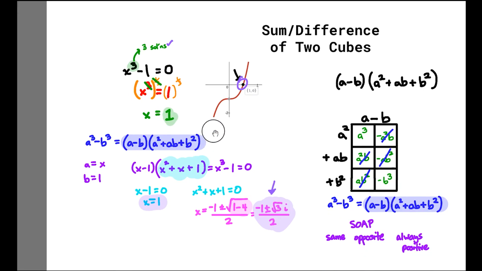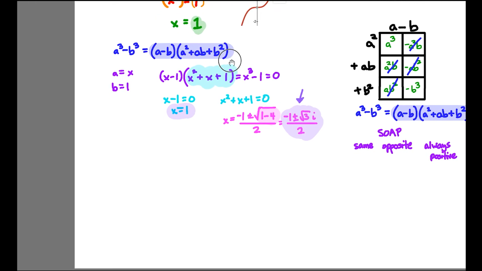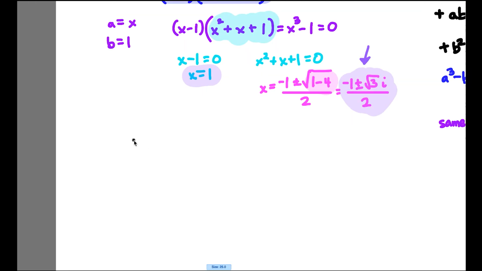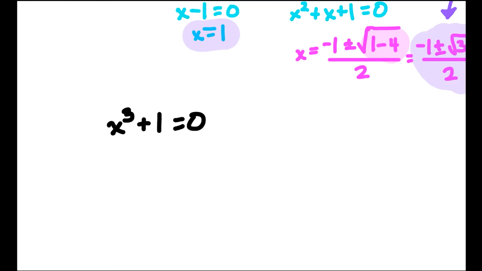All right, I'm going to do another problem really quick, because that was the difference of 2 cubes. Now I'm going to do one where it's the sum of 2 cubes. So what if I was trying to solve the following problem? x cubed plus 1 is equal to 0. We could solve this algebraically if we want. Again, we can subtract 1 on both sides, and you get x cubed is equal to negative 1. You raise both sides to the 1/3 power, or you can do the cube root.